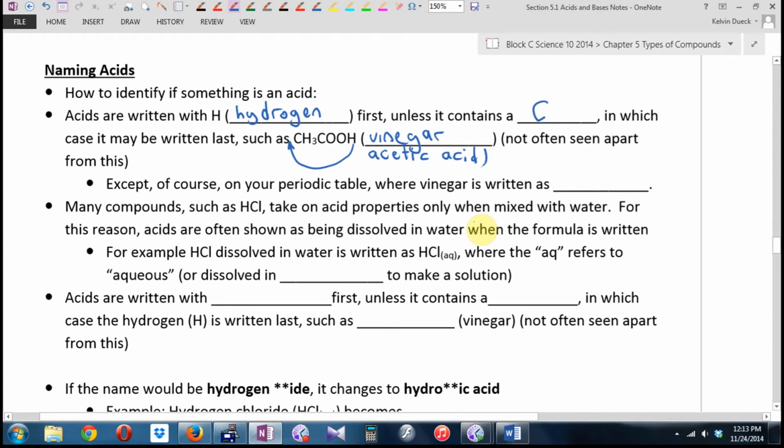Except, of course, on your periodic table where vinegar is written as, what does it say? Read it to me, Kyle. HCH3COO. Can you see, Allison? It's the same thing, except they put the H in front, but it's the same chemical formula. Why do they do that, I don't know.